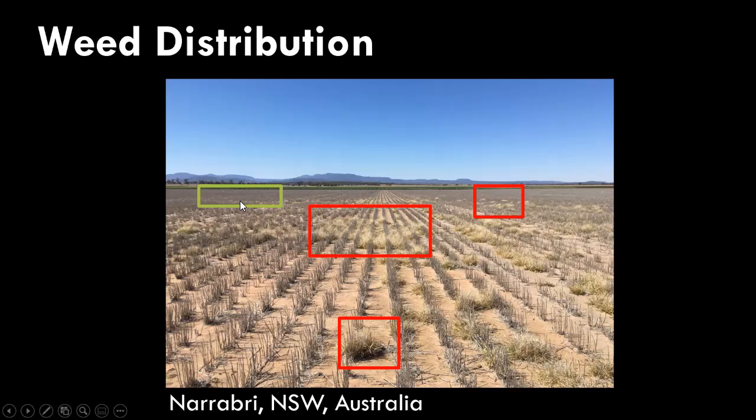And what that means is when a farmer sprays the entire paddock to control the weeds, they actually only need to control and apply herbicide to a very small percentage of that field. And that illustrates the wastage, or the potential for savings and more targeted options that may be relevant when used on a site-specific basis.